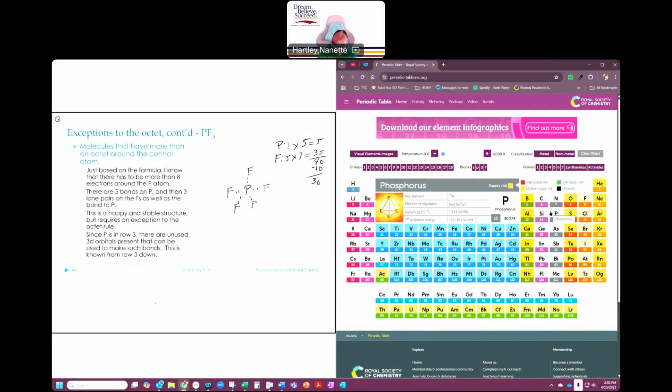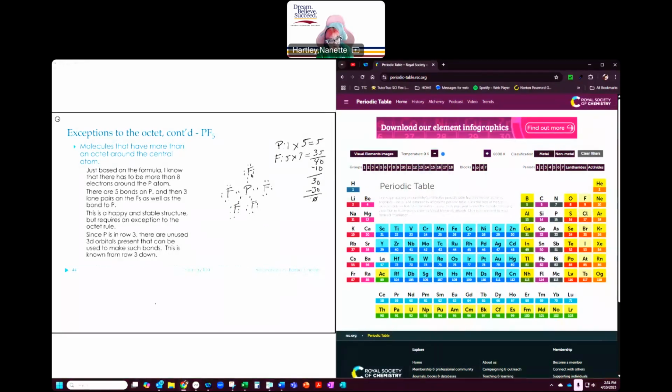Now, the other thing is that we have 30 electrons that are left over, so 2, 4, 6, 8, 10, 12, 14, 16, 18, 20, 22, 24, 26, 28, 30. And they're all used up when we make the octets full. So everybody's happy when I do this particular structure.